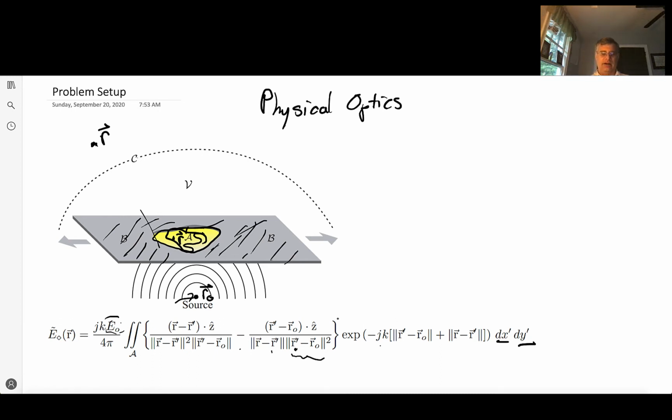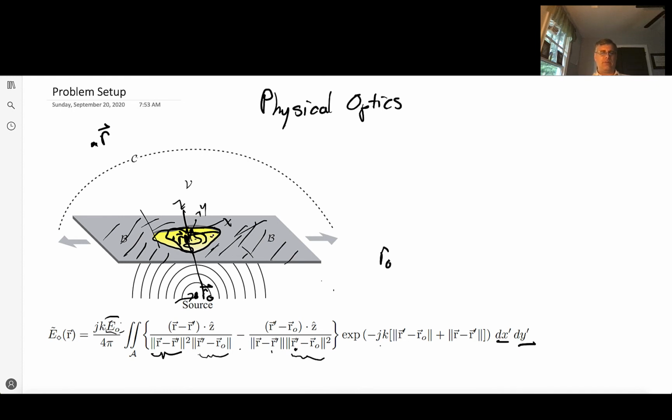What I can approximate them as depends on where they are in this expression. Generally speaking, your amplitudes are pretty easy to approximate because they don't change much. In other words, the distance from the point source to, let's say, the origin, which we hope is close to the center of the problem, x, y, z, here, that origin point, the distance from here to here, let's call that just scalar r naught.